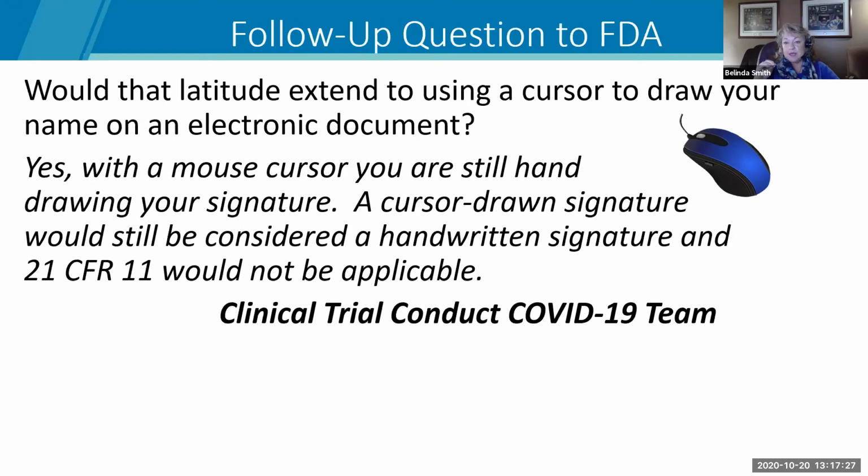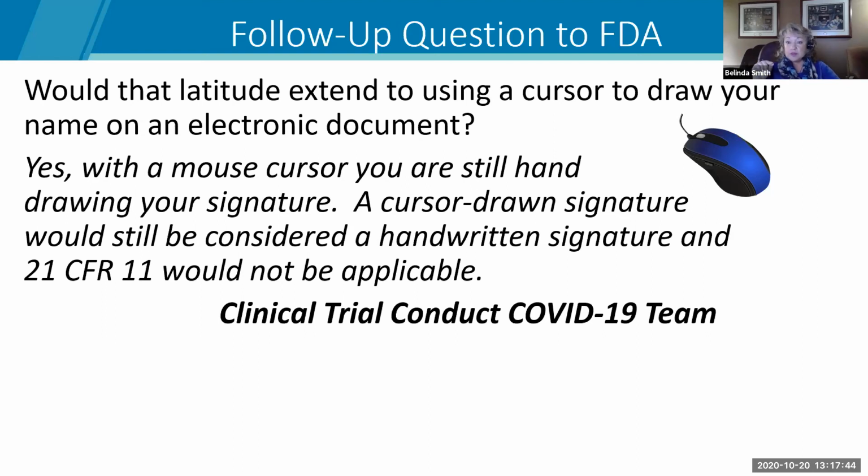Now that doesn't mean that every part applies. Remember that slide I showed of the enforceable issues with Part 11, it's more than just the signature, okay? It's passwords, it's tracing and tracking and chain of custody.